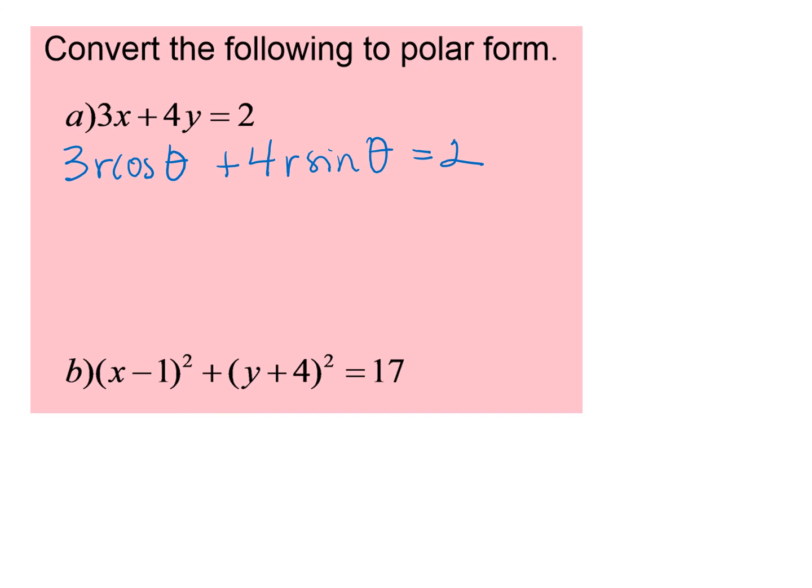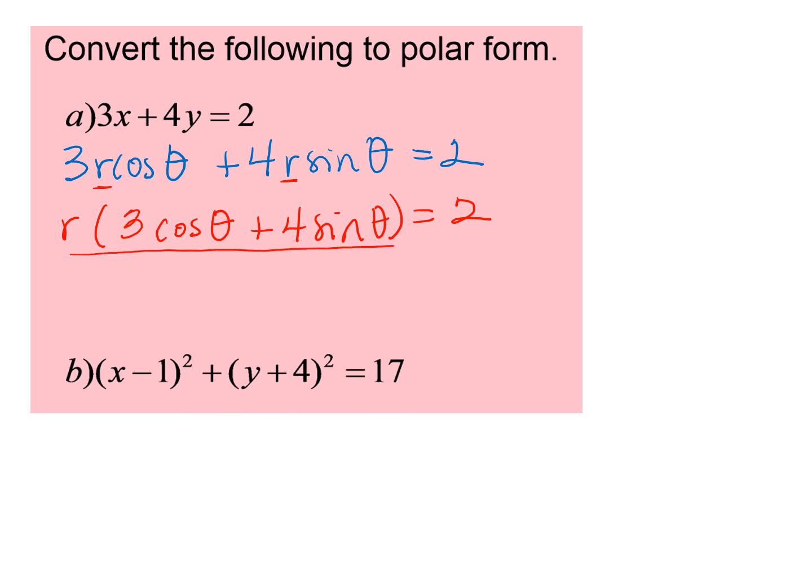So we need to solve for r to have this really in polar form. And if you notice, on the left-hand side, both of the terms contain an r. So I can factor out that r. And when I do, I'm left with 3 cosine theta plus 4 sine theta. And then to get r by itself, we will divide both sides by 3 cosine theta plus 4 sine theta.